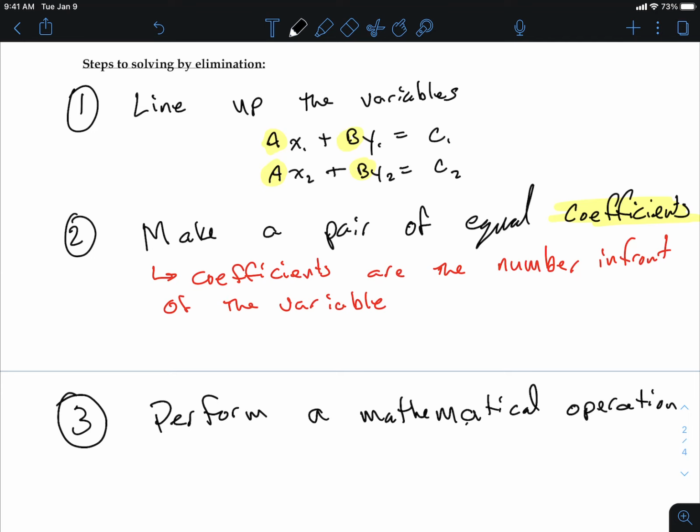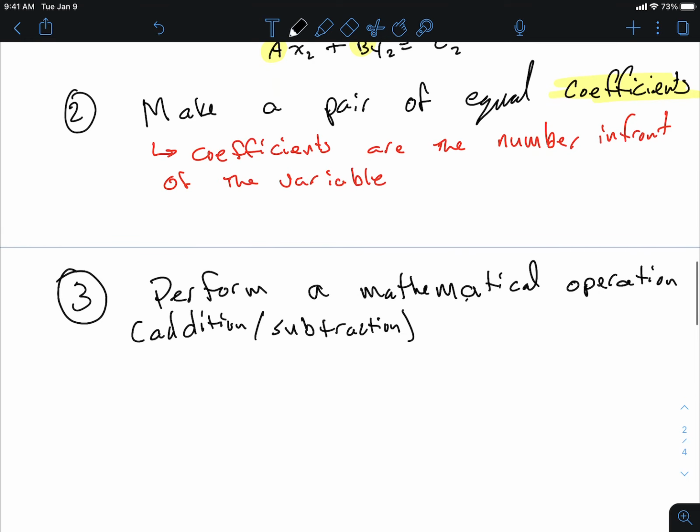It's perform a mathematical operation, addition or subtraction, that makes the coefficients from 2 cancel. I'm sorry if I didn't leave you enough room.